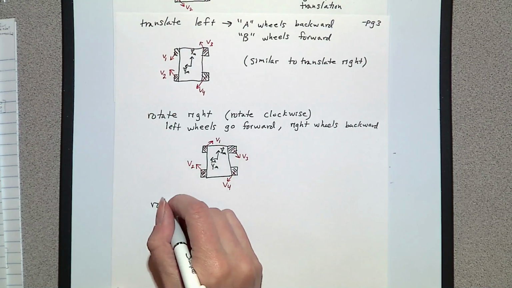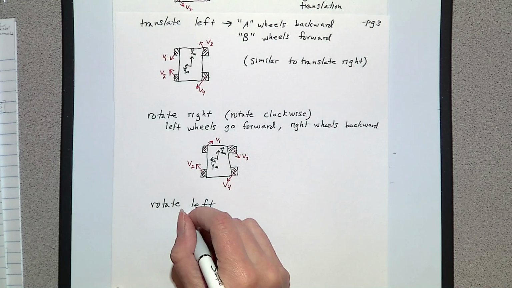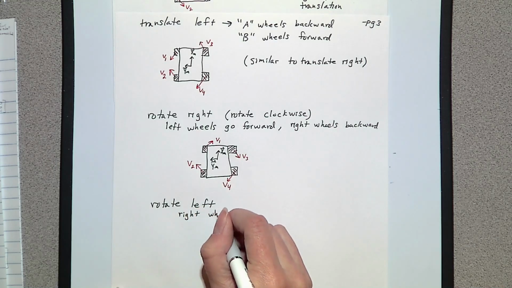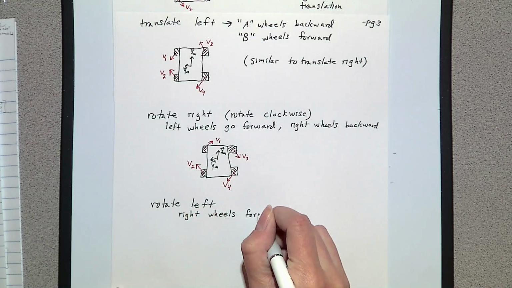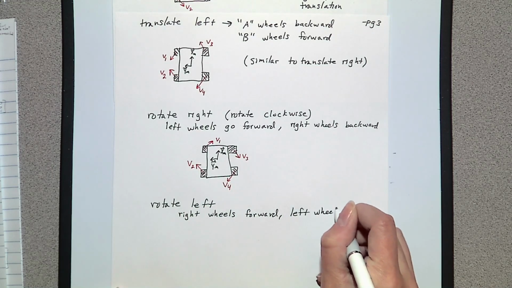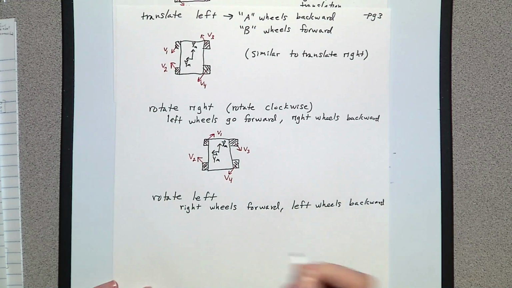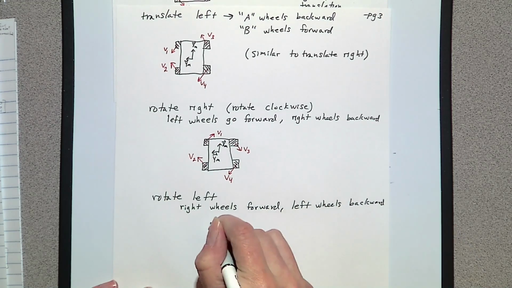And similarly for rotating left, it's right wheels forward, and left wheels backward. So same kind of idea.